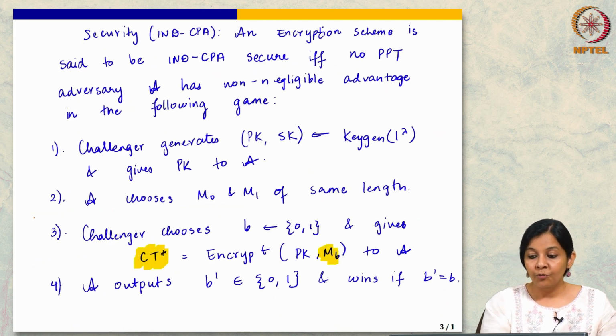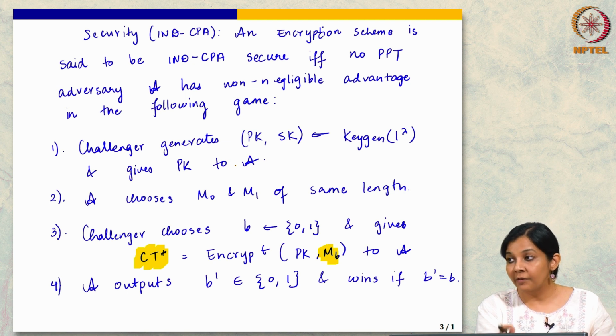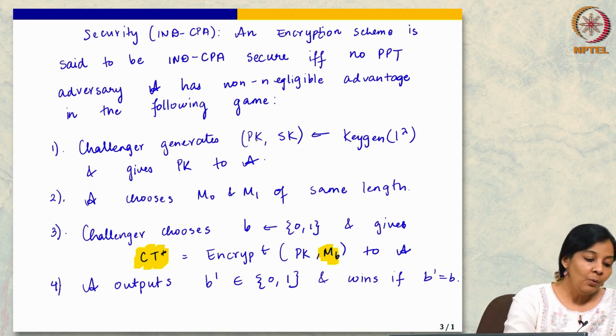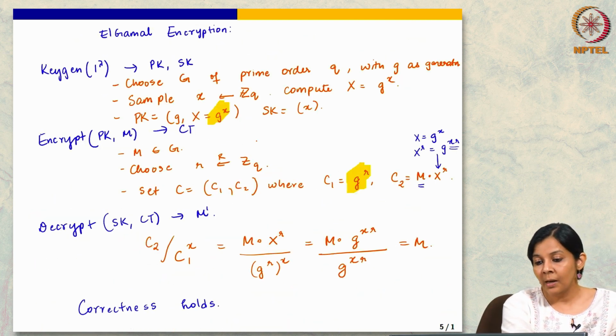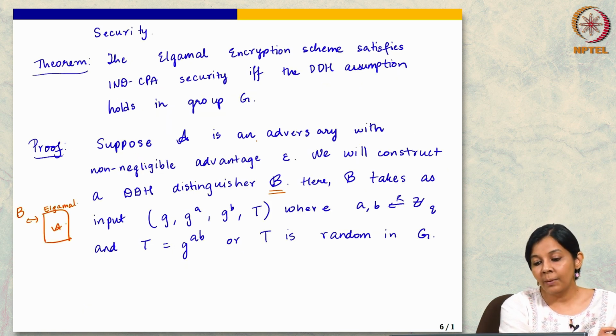So, B has to play the role of the challenger to the adversary A. What does the challenger have to do? The challenger must first of all give it a public key which is distributed correctly. Let us look at what the public key is in the El-Gamal encryption scheme. It is G and G to the X. So, what is a very natural way for B to define the public key?